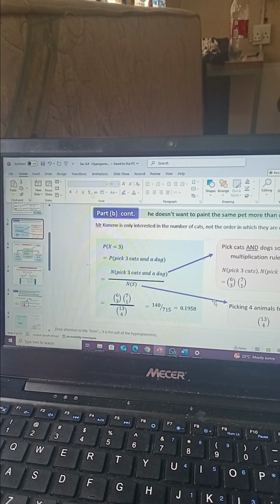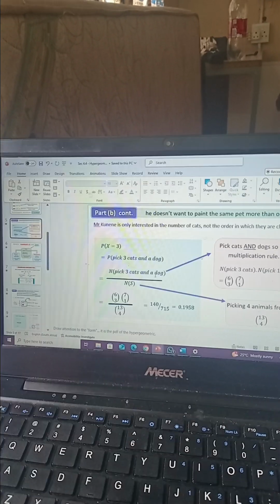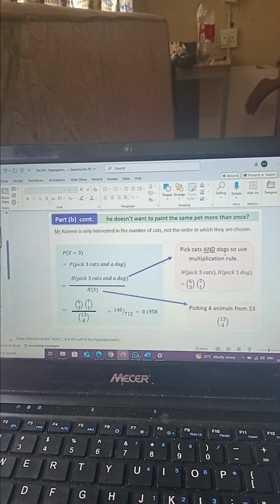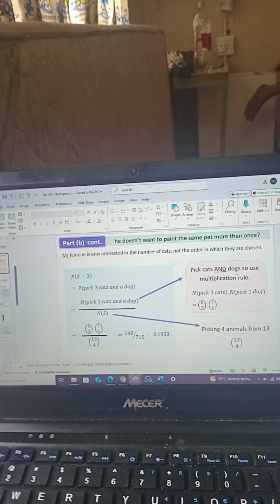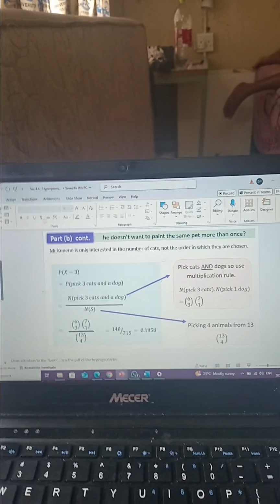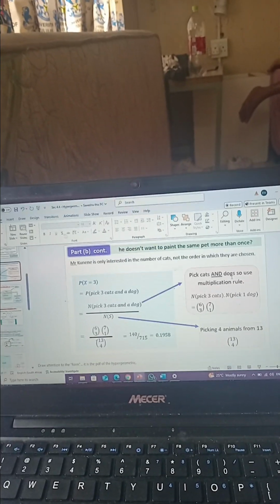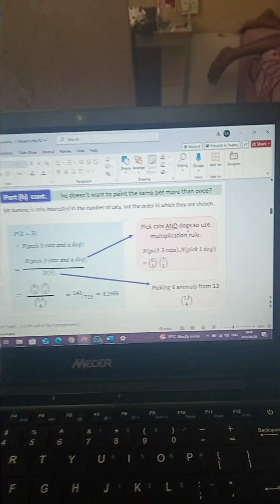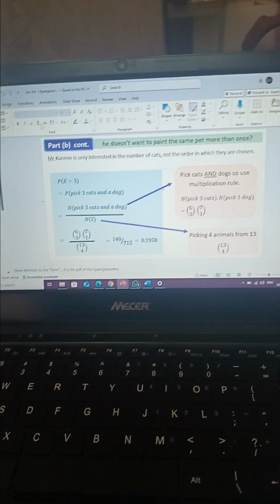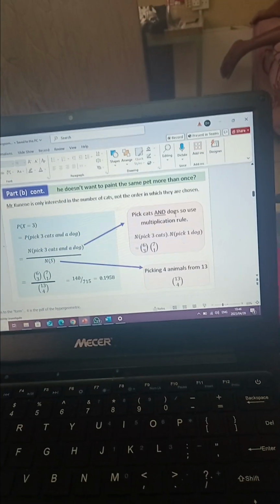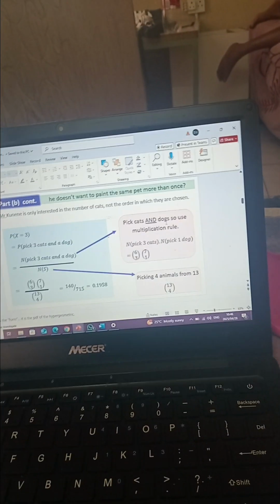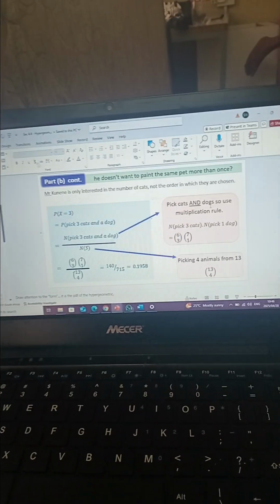So what is important, you need to understand the numerator part, which says pick cats and dogs. So use the multiplication rule for picking cats and dogs. Remember yesterday, how did I explain the value of a y? How do we get a y? A 1 for a dog, right? So we are getting a 1. We are going to pick 3 cats out of how many cats? 6 cats.